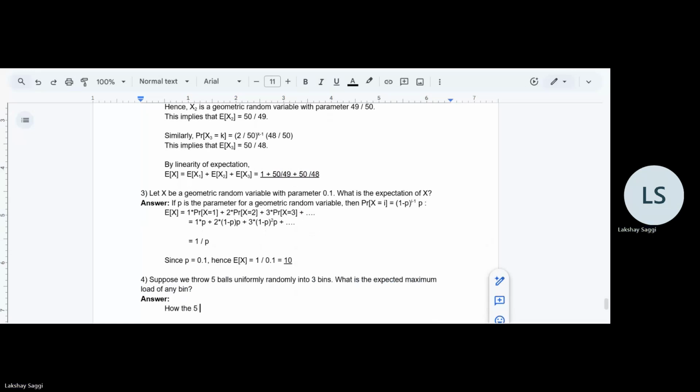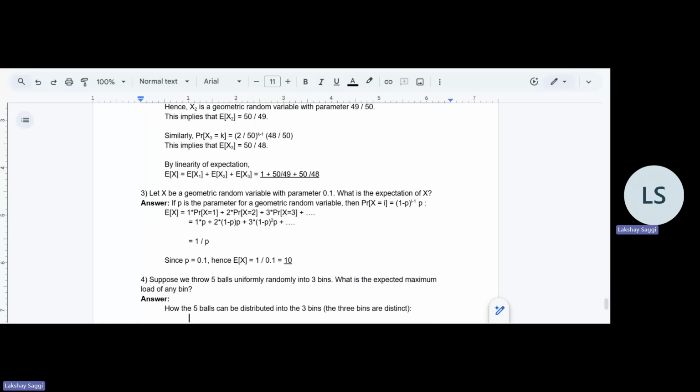How can the 5 balls be distributed into the 3 bins? And these 3 bins are distinct.